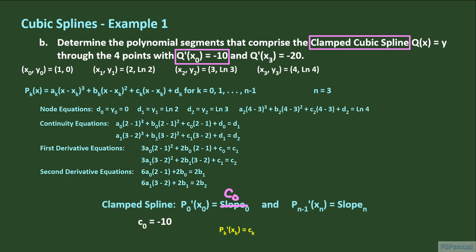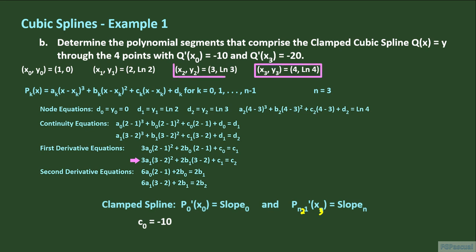For p sub n minus 1 prime of x sub n, we are looking at p sub 2 prime of x sub 3. Using this equation in the first derivative equations as a template, with the index at 2, x sub 3 equals 4, and x sub 2 equals 3, we get 3a sub 2 times the square of the quantity 4 minus 3, plus 2b sub 2 times the quantity 4 minus 3, plus c sub 2, and this should equal the prescribed slope sub n.